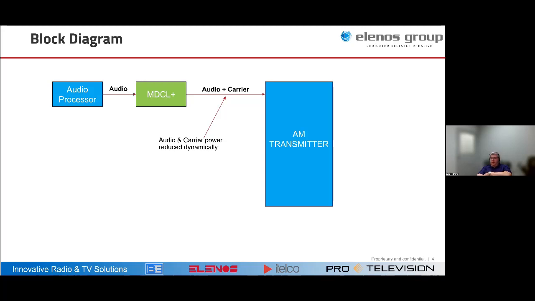Now, the whole premise here is based on if I have relatively dense and loud audio, I can turn the carrier down more. And Rich, you just made the very important point, which is that no one should be running MDCL without running really good quality audio processing. Yeah, exactly. Because that's kind of the basis of it.